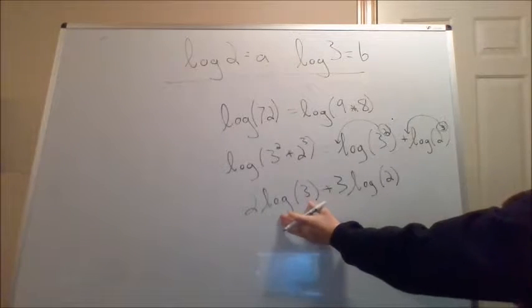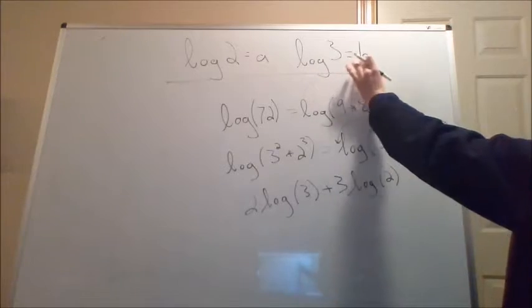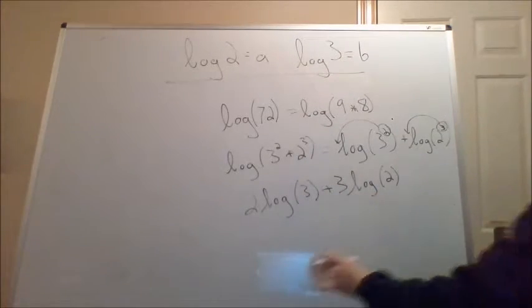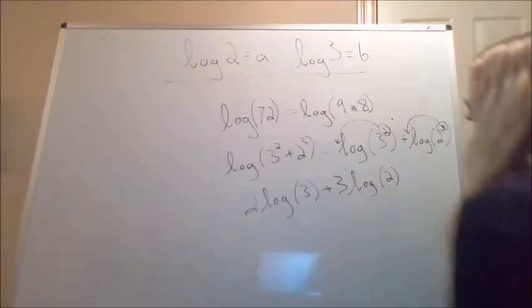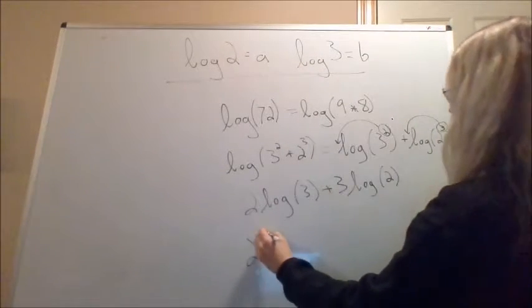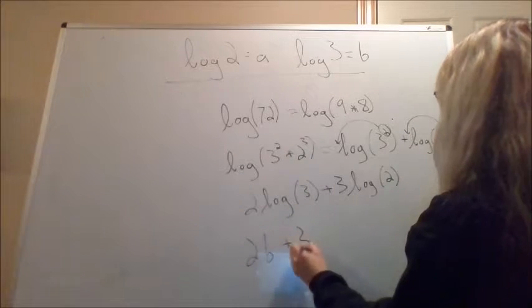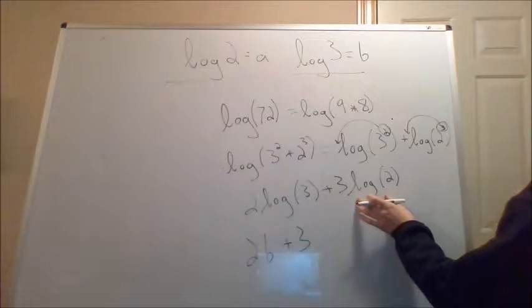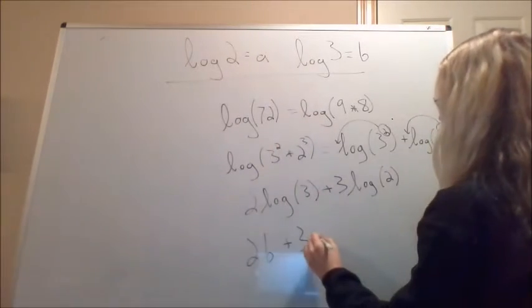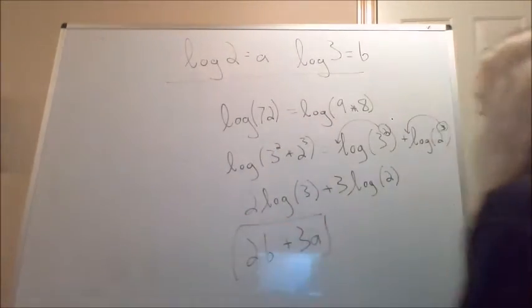So now we can see that log 3 equals b, and log 2 equals a. So we substitute in 2b plus 3 times log 2, or a, and here we have our final answer.